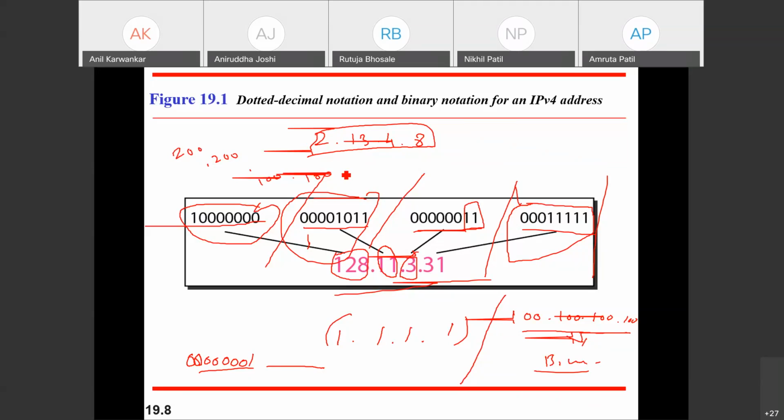Instead of all zeros, see here. Say this particular. It will be 1 1 1 1 1 1 1 1. Just calculate its dotted decimal value. Correct. 255.255.255.255. That is the maximum value of an IP address in the IP version 4 notation scheme.